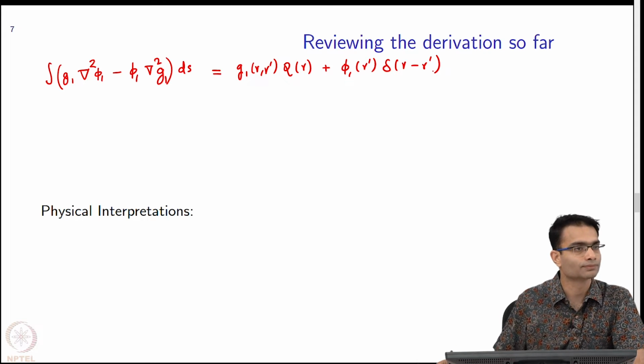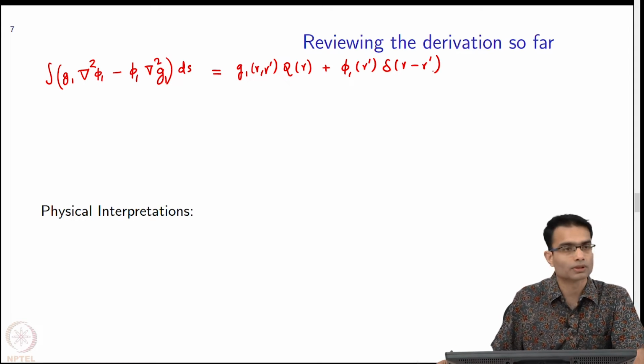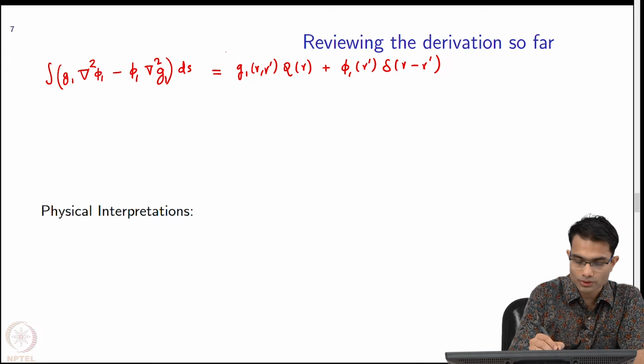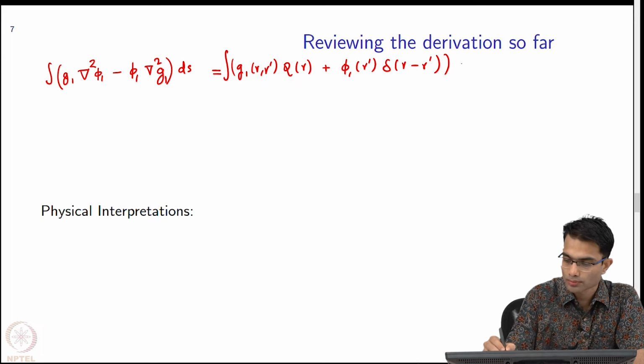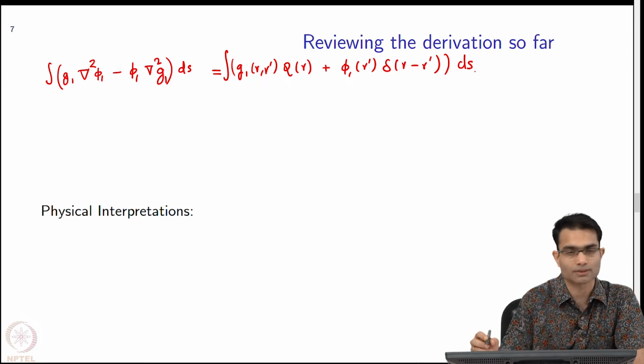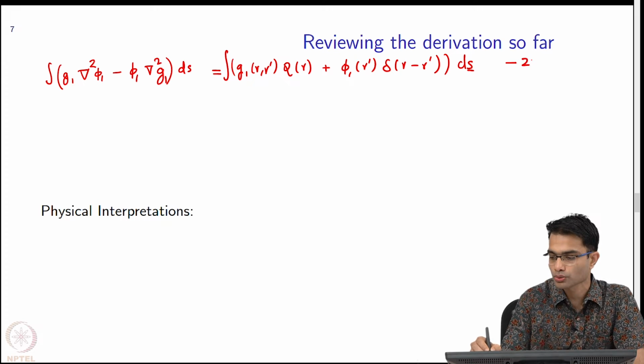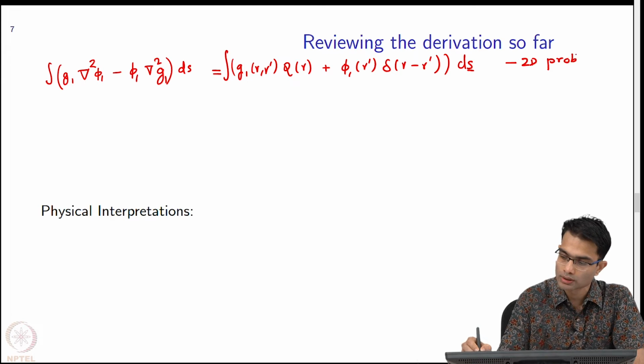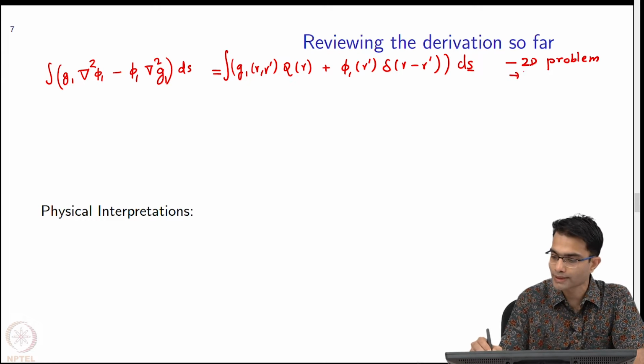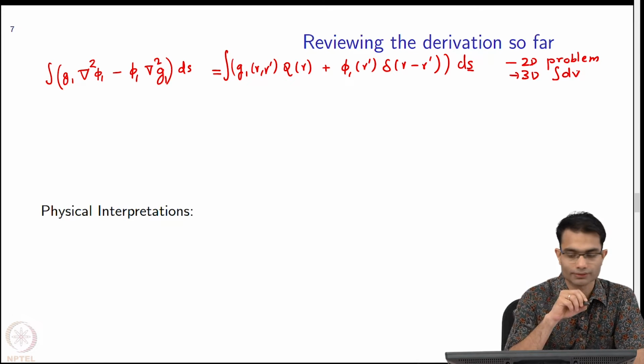So this is just reviewing the terms that we had, and of course this whole thing was integrated, both sides were integrated over S. Remember S because it's a 2D problem. In 3D it would be an integral dV, that's the only difference.